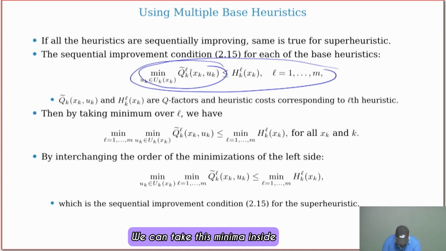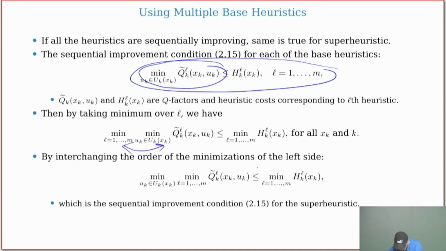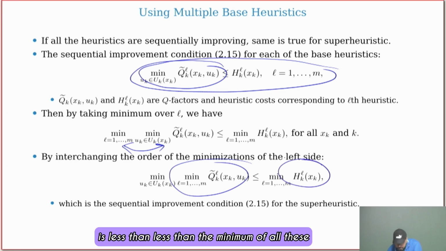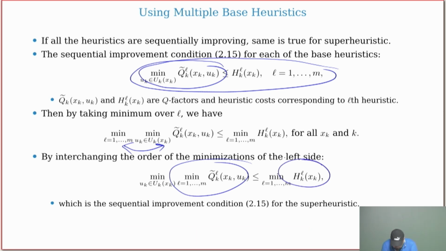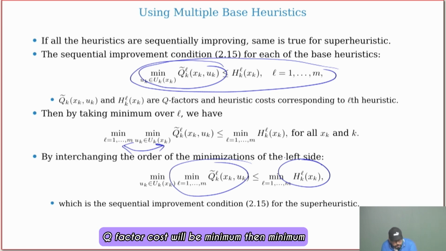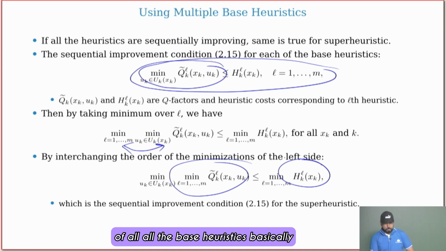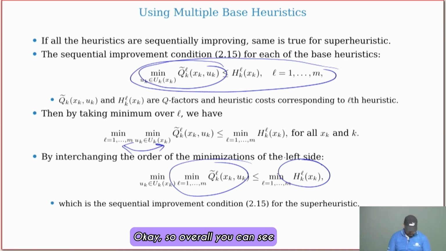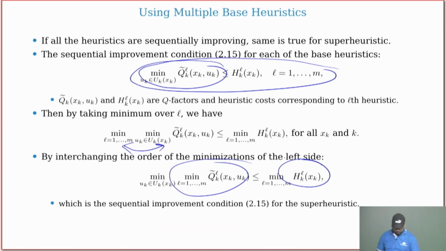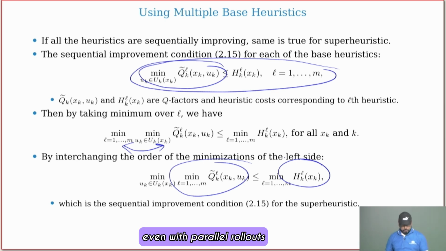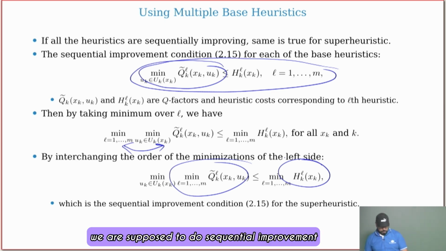We can take this minimum inside, so we can interchange this minimum, and then overall this is less than the minimum of all these m Q factors, the cost will be the minimum of all the base heuristics basically. Okay, so overall you can see that even with parallel rollouts, we are supposed to get sequential improvement.